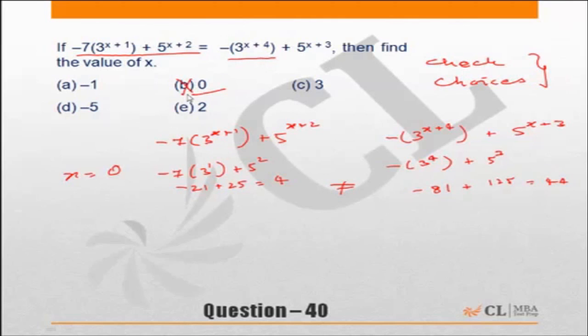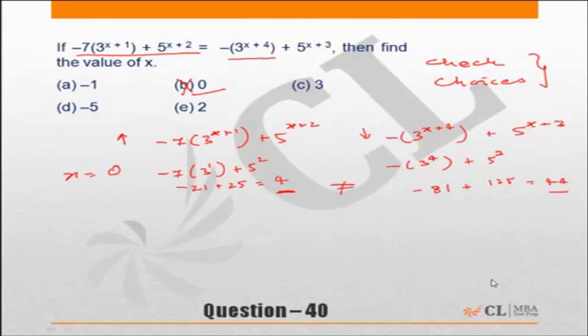Now the second thing is we need to reduce the gap. For x equal to 0, the left hand side was 4 and the right hand side was 44. We want to increase the value of the left hand side and reduce the value of the right hand side so that the gap becomes 0. Which means I will look for a value of x which is lesser than 0, which means I'll go for a negative value.